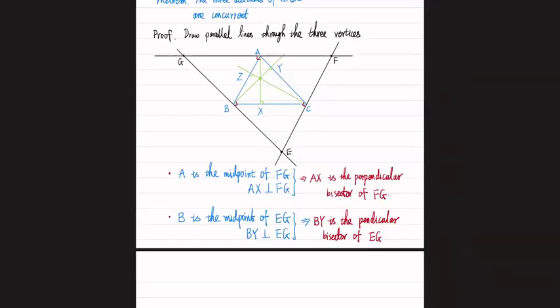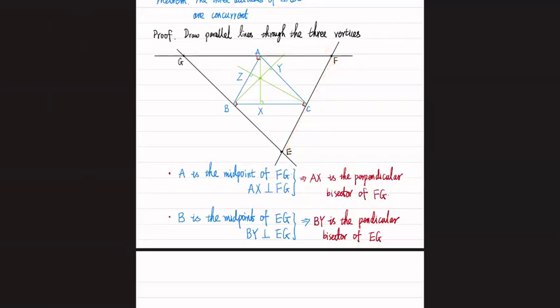I claim CE equals CF. Can anyone tell me why? Amy, any guesses? Why must they be the same? It's basically the same reasoning as how AG and AF are equal.